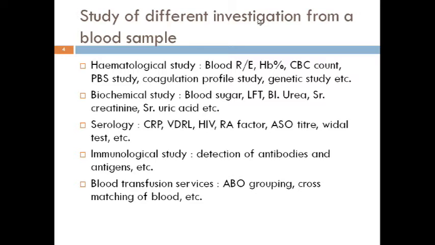In the biochemical study, we mainly investigate blood sugar, LFT, RFT, lipid profile, etc. In the hematological study, we investigate CBC count and PBS study, coagulation profile study, percentage of hemoglobin, HbA1c, etc. In the immunological study, we detect antigens and antibodies from the blood sample.